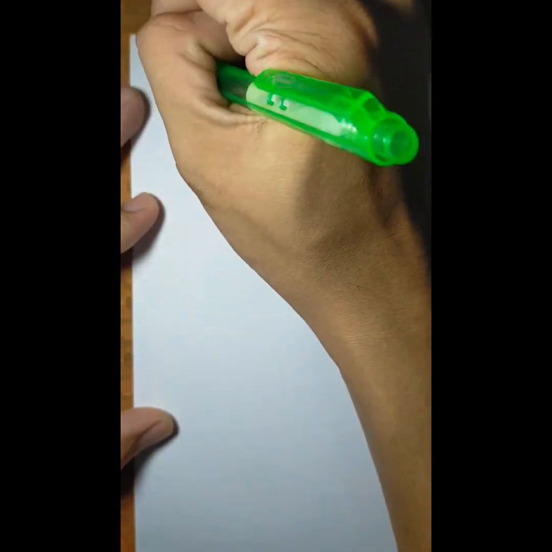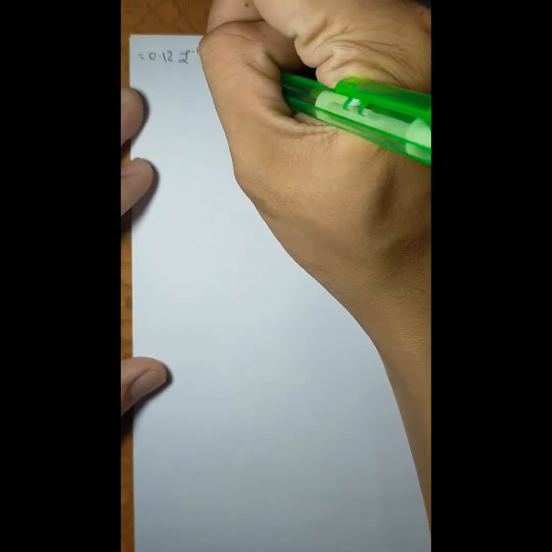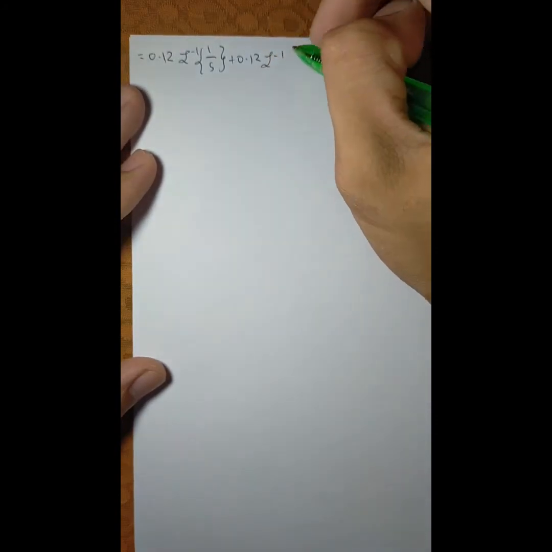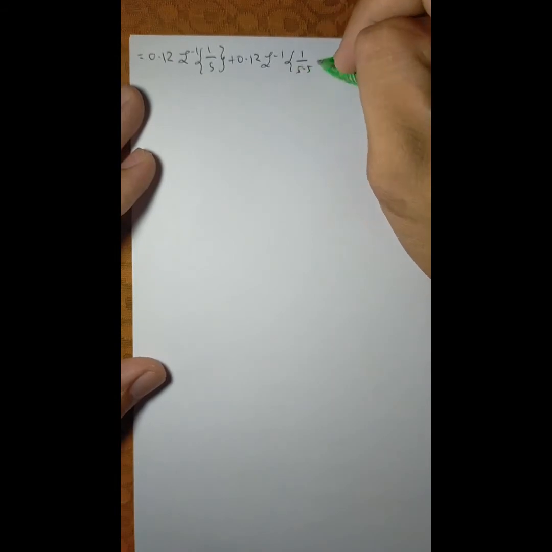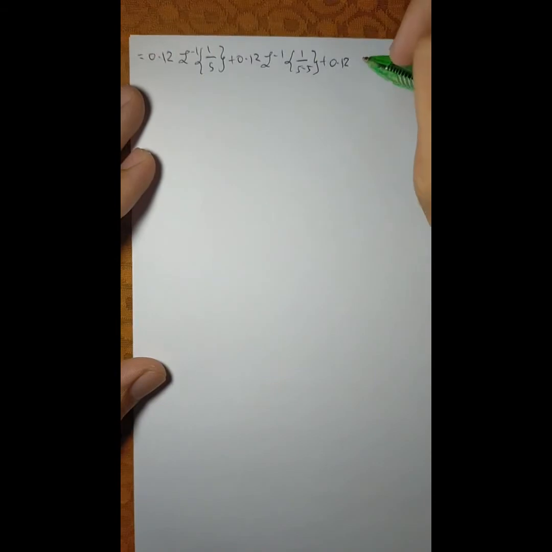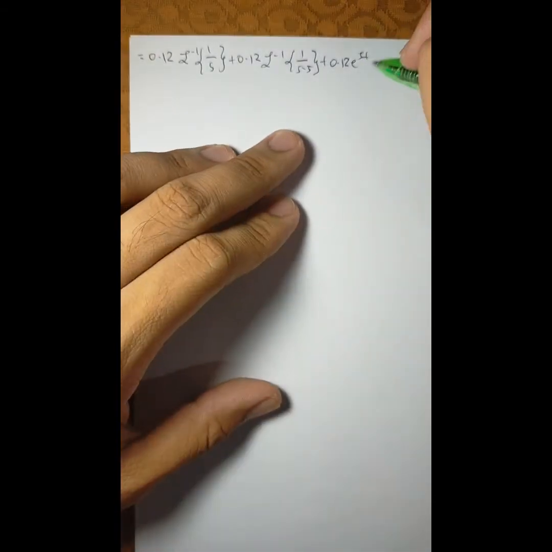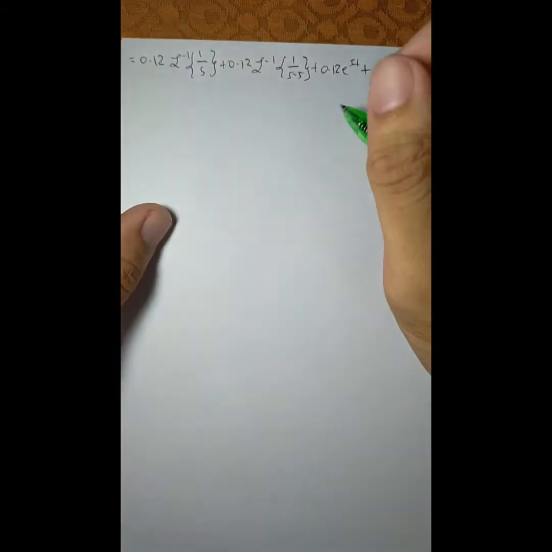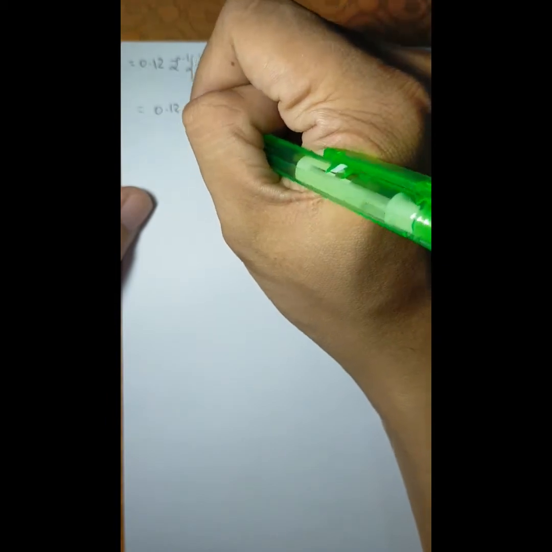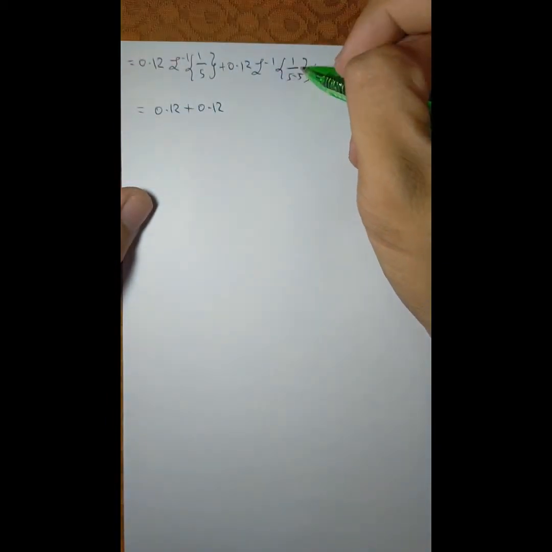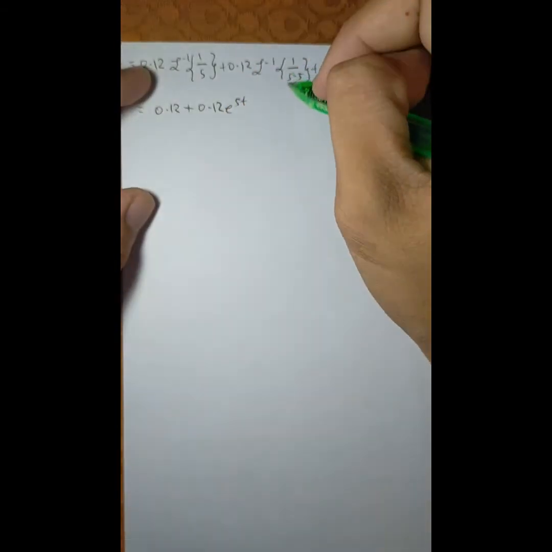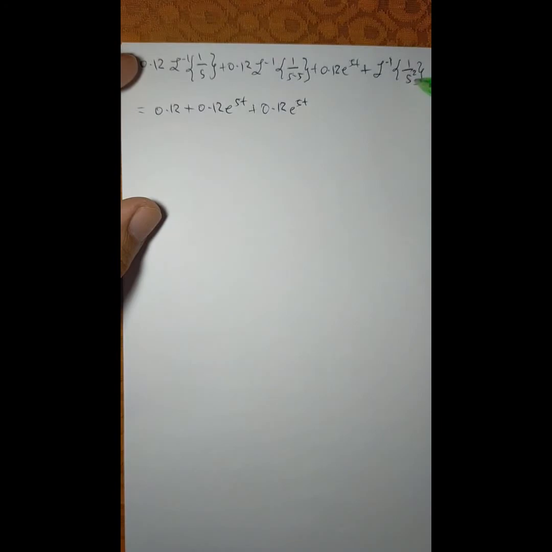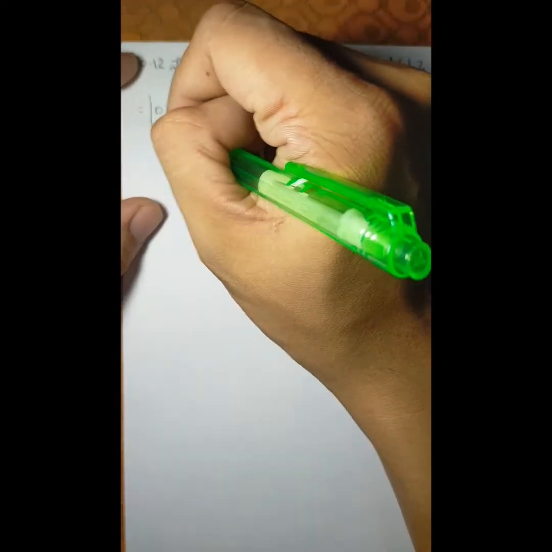Continuing, we have negative 0.12 plus 0.12 e raised to 5t plus 0.12 e raised to 5t times t. And this is our final answer.